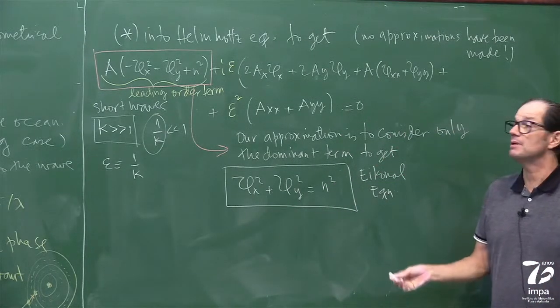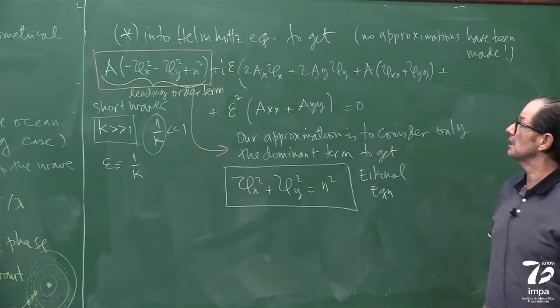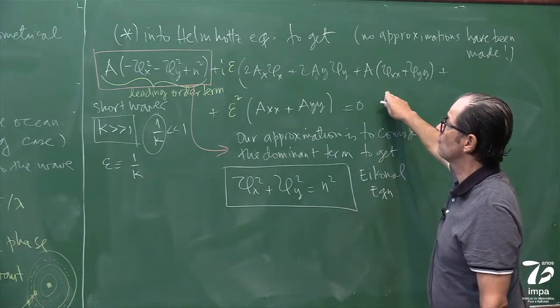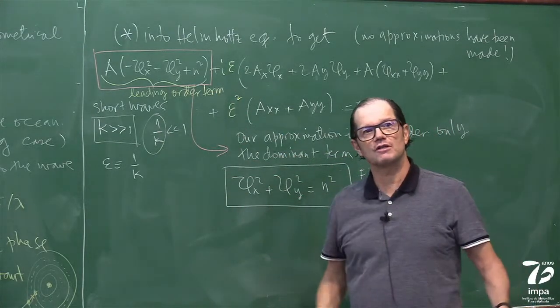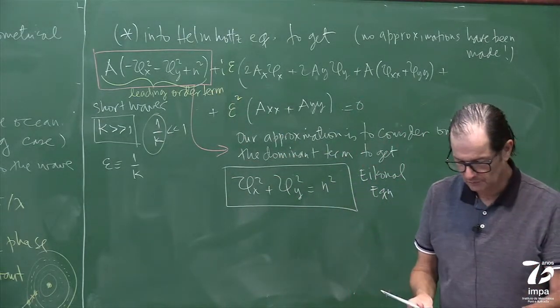Okay, so solving the whole thing is complicated. I'm going to be happy solving the Eikonal equation because I can get this picture of what the fronts are doing in propagating. Okay?